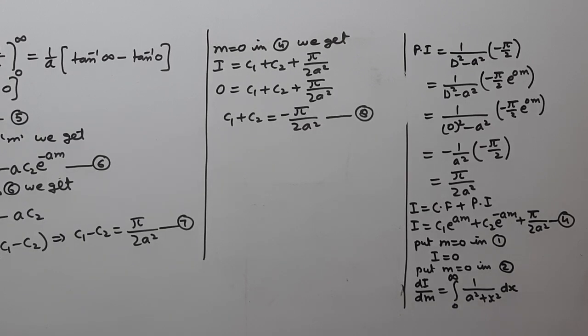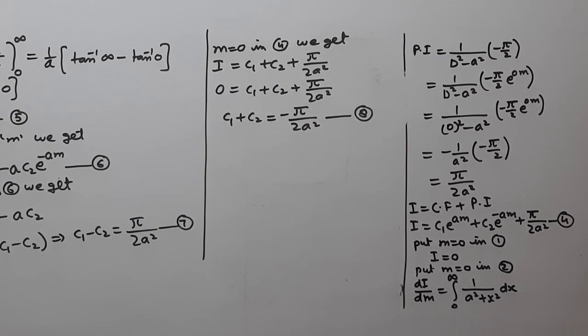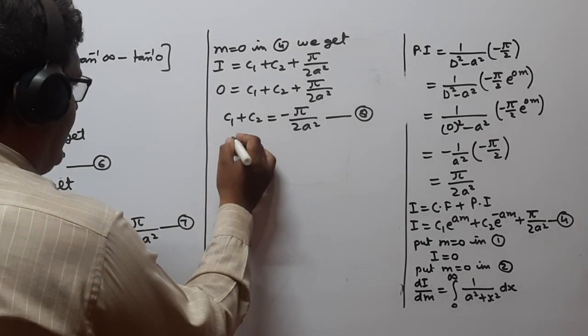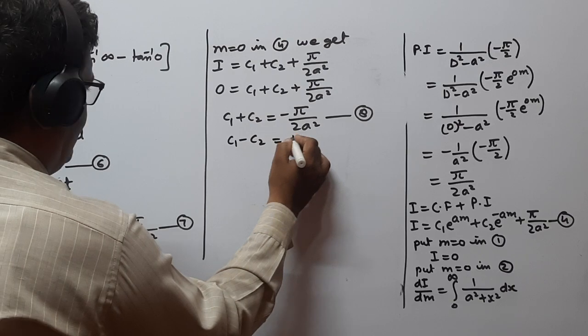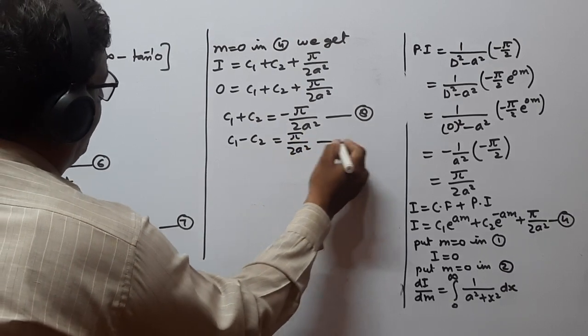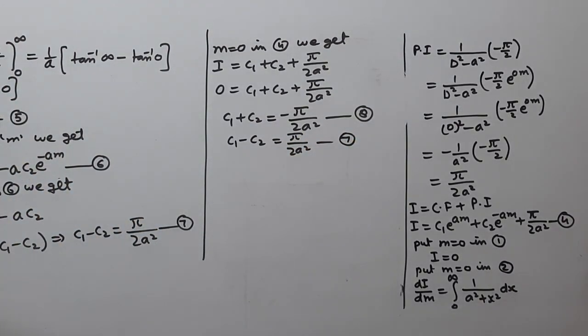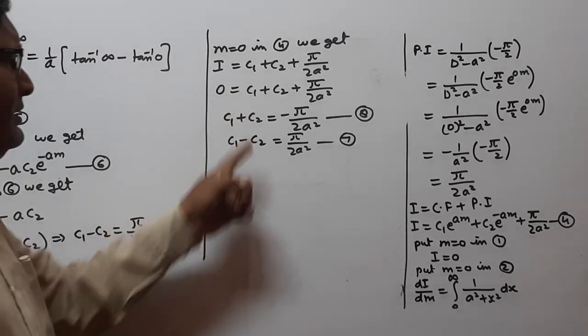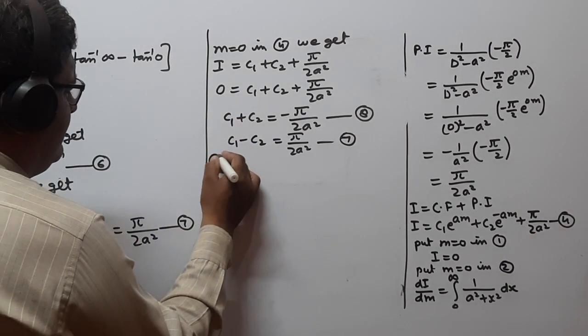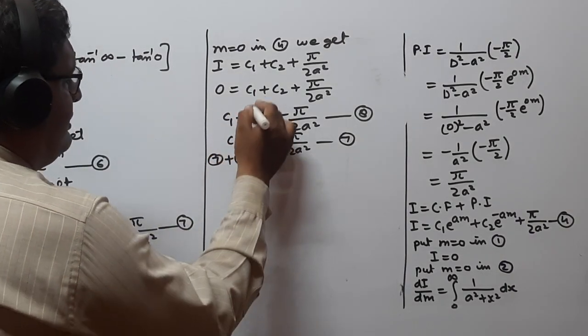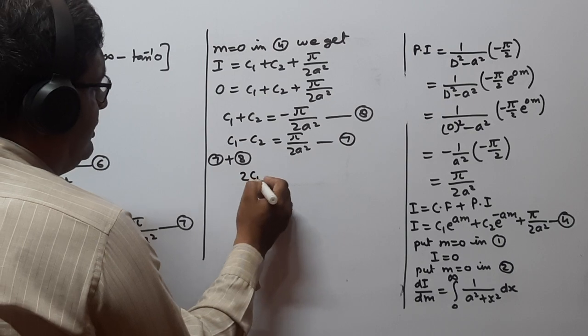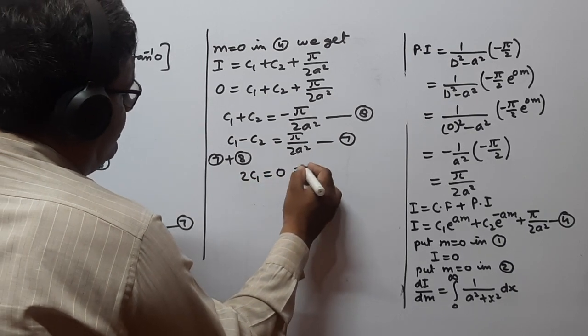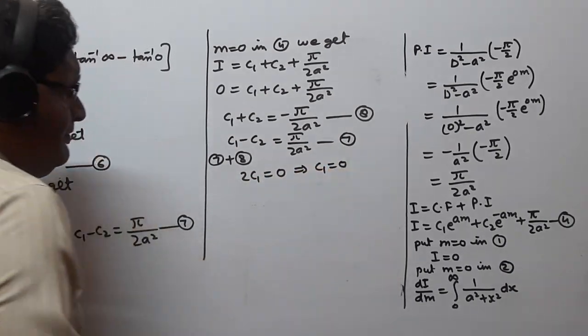Now we solve equations 7 and 8 and get the values of c1 and c2. So you can see here, c1 minus c2 is pi upon 2a square from equation 7. Now when we add 7 and 8, c2 is cancelled out, so 2c1 is equal to 0, this gives c1 is equal to 0.